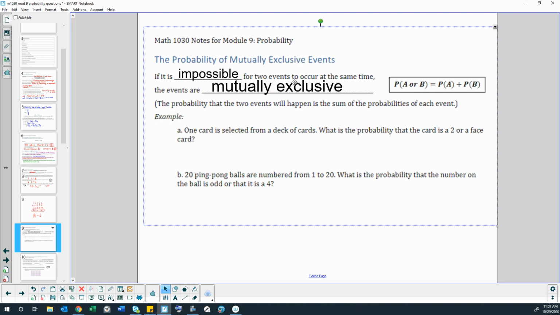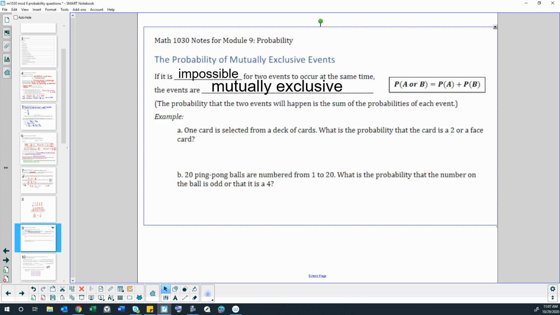Okay, here's some examples. One card is selected from a deck of cards. What is the probability that the card is a 2 or a face card? Those are two completely different things, because if the card is a 2, it's not a face card, and if the card is a face card, then it's not a 2.